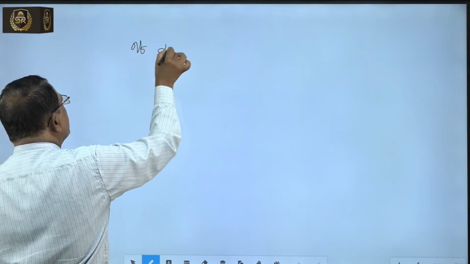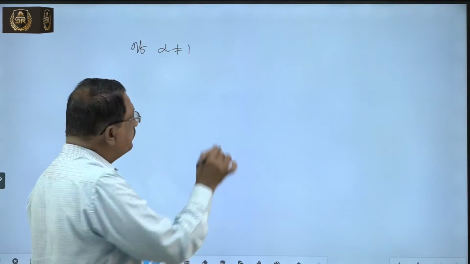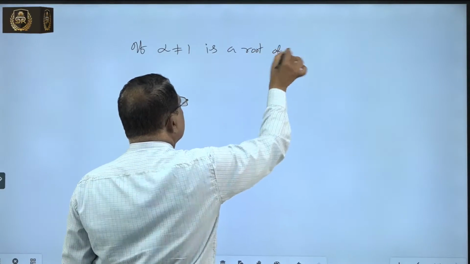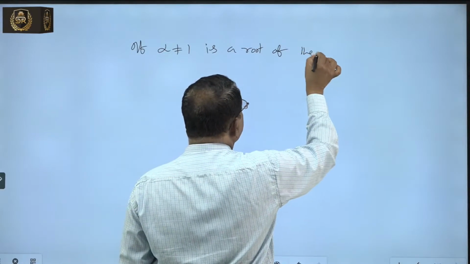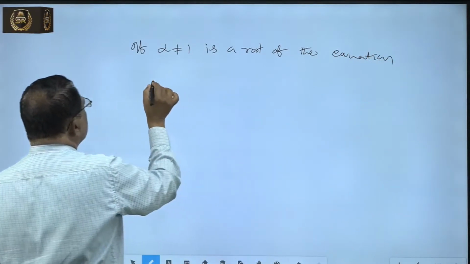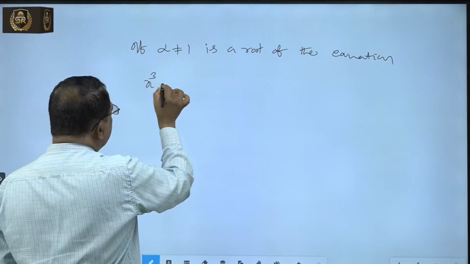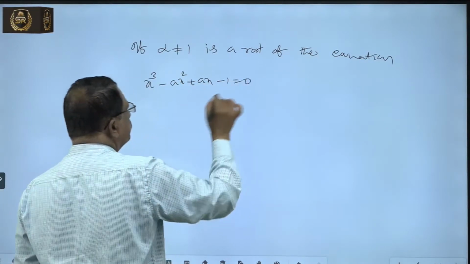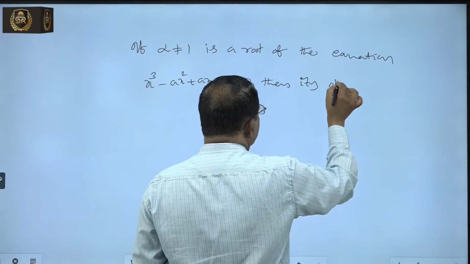Next, if alpha not equal to 1 is a root of the equation x cube minus ax square plus ax minus 1 equals 0, then what are its other two roots?